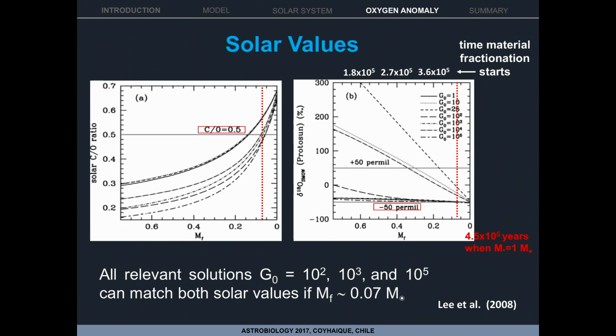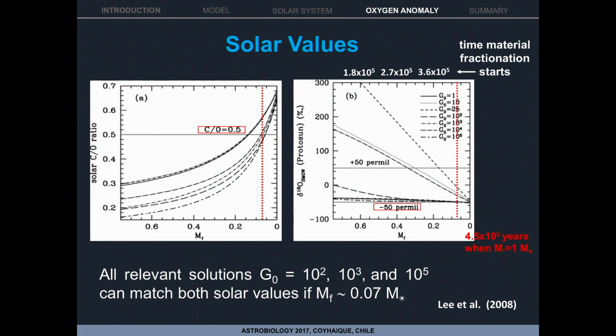According to our calculation, if about 7% of solar mass is affected by this material fractionation, these two solar values can be fitted under G0 of 100,000 and 100,000.